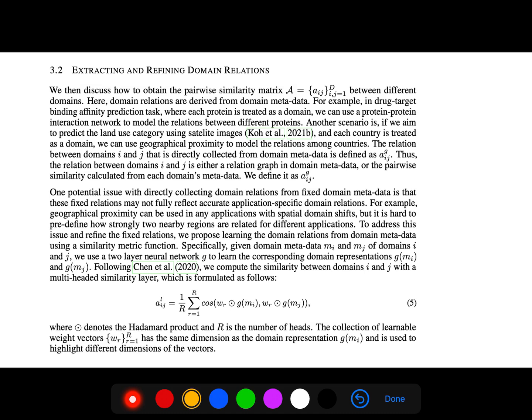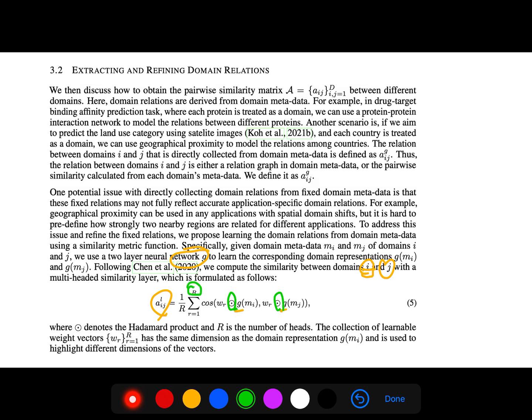Specifically, given domain metadata M sub I and M sub J of domains I and J, we use a two-layer neural network G to learn corresponding domain representations. So you see we can compute the similarity between domains I and J. This is the similarity between I and J, and this is just the Hadamard product.